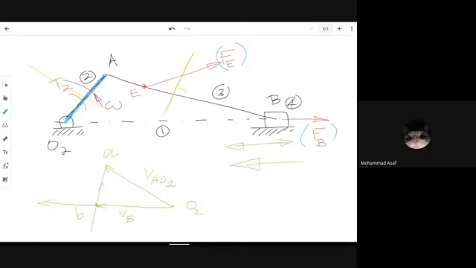This will be the direction of VBA. This is the velocity diagram. Velocity diagram clear? Okay, now this is the velocity diagram. Let me draw the velocity diagram a bit bigger.